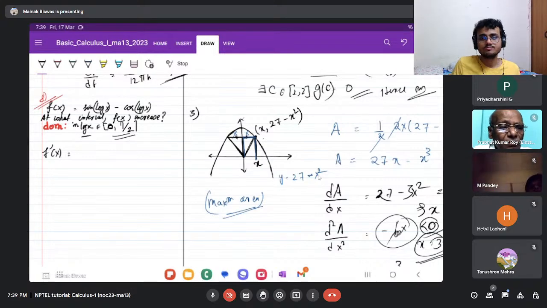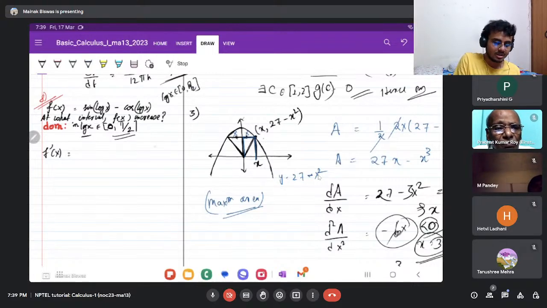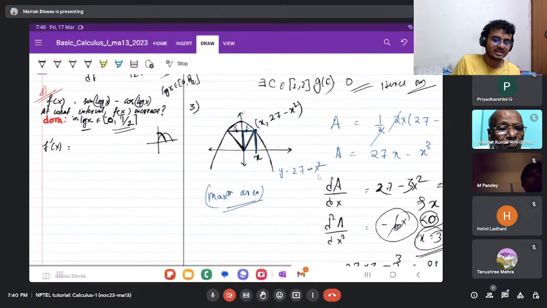So how do I do it? This is defined only for log x between 0 and pi by 2. To make the problem simple, sine of log x is something like this, and cosine of log x is something like this, right? So let's take the derivative and see.